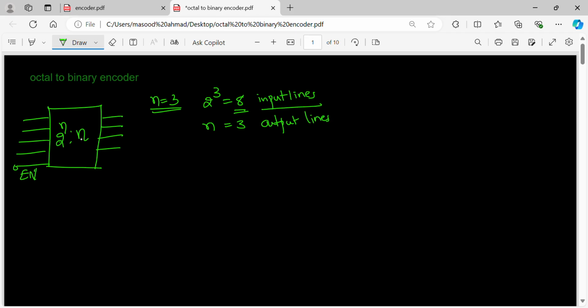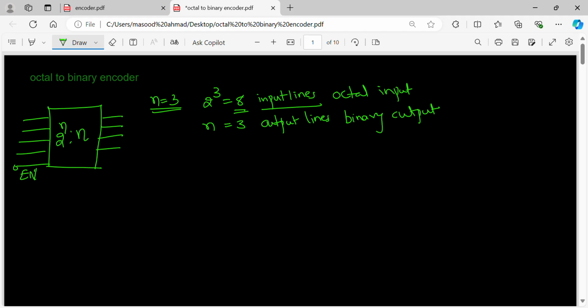Since there are 8 inputs, I say octal input. We are going to get 3 output lines, which say which line is active. It is in binary form. The output is in binary form.